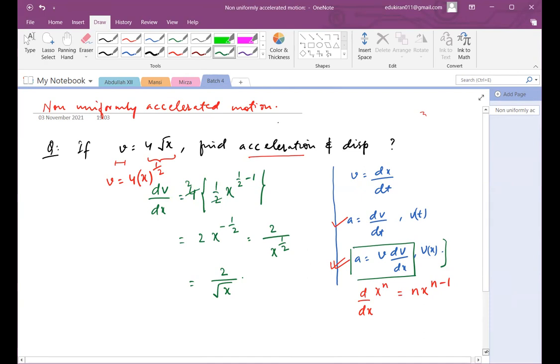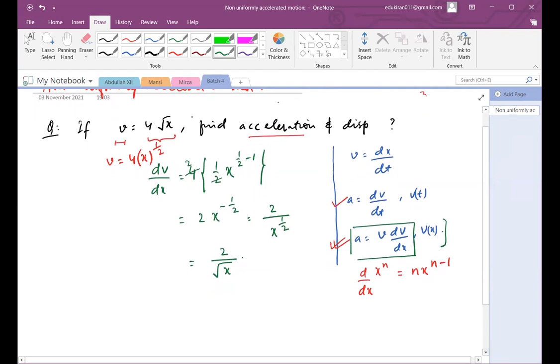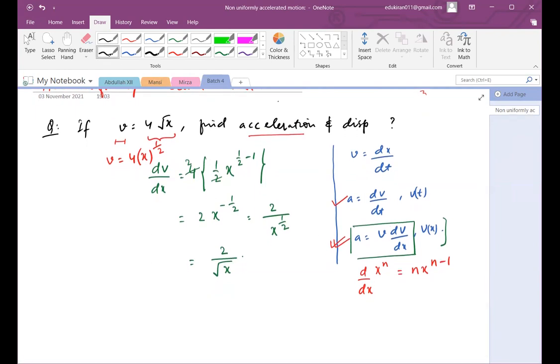Try to solve. Put the value of this part and simplify it.